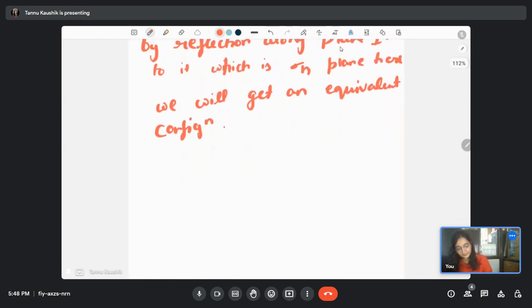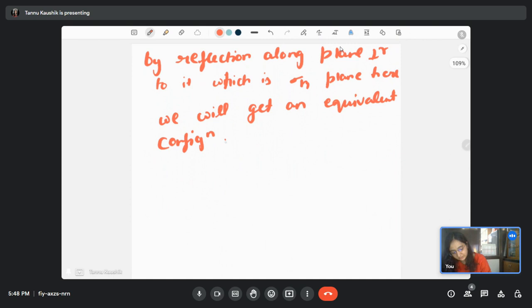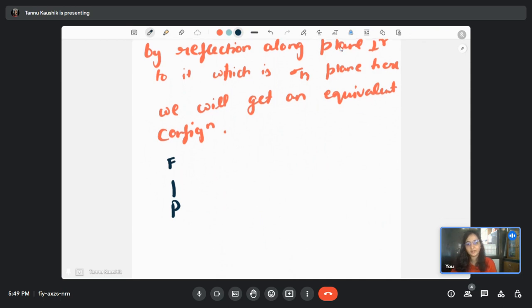So let me show you how this symmetry operation works. If you have any doubt in between, you can just ask me. You can write it in the chat box, or you can unmute and just ask me in between.